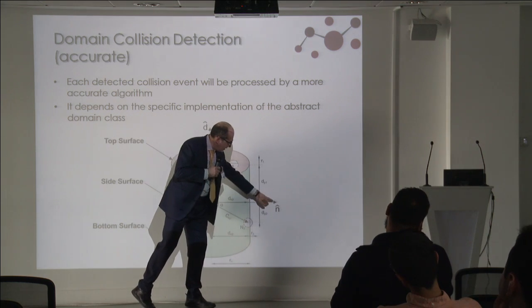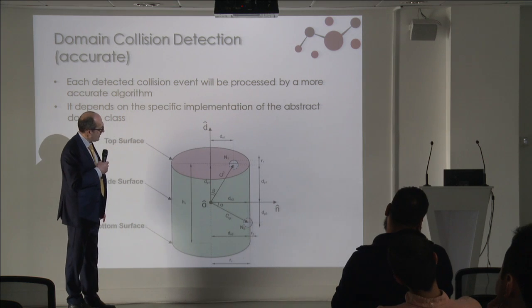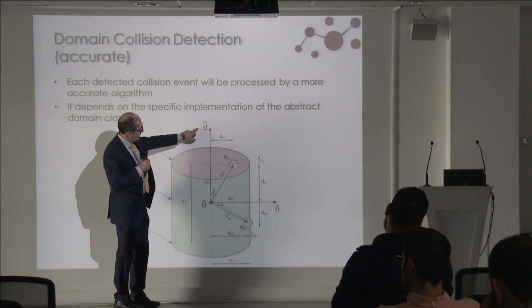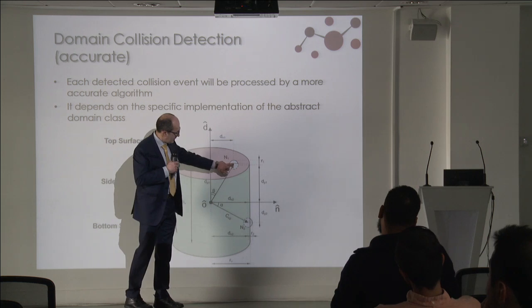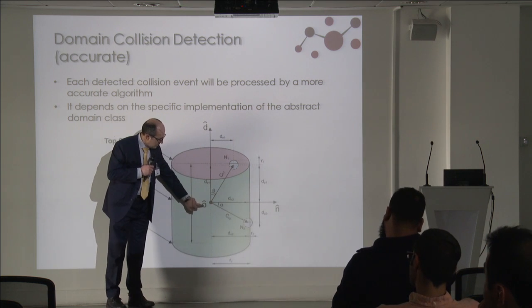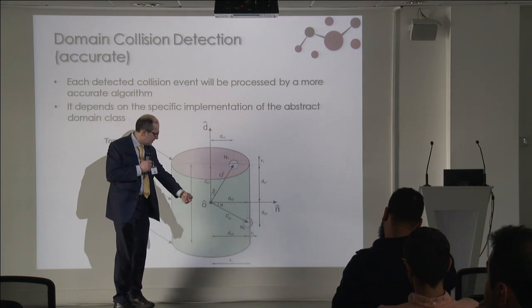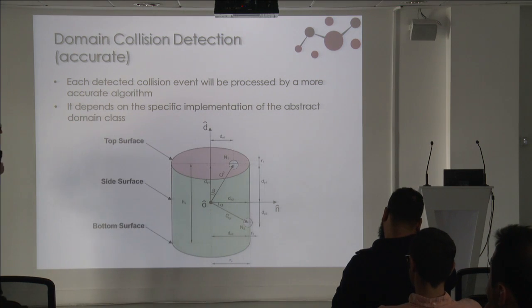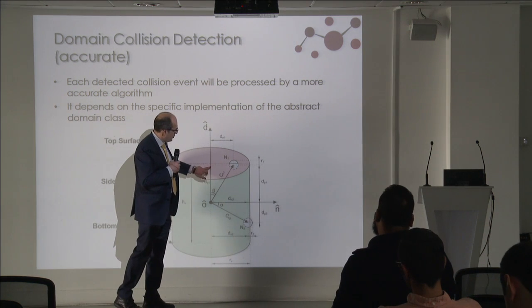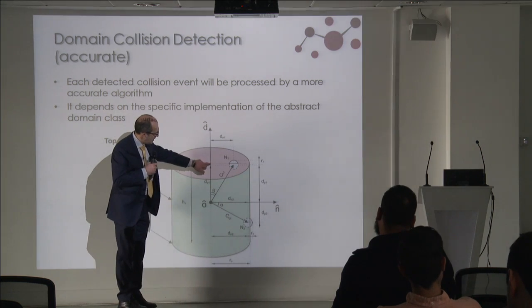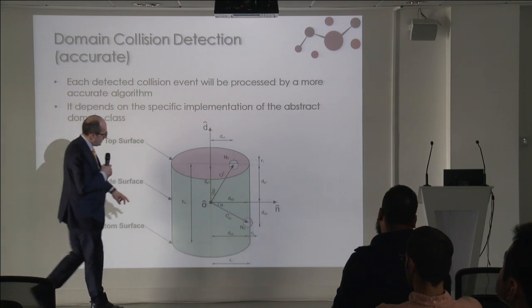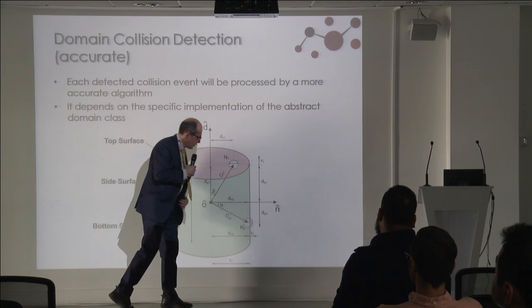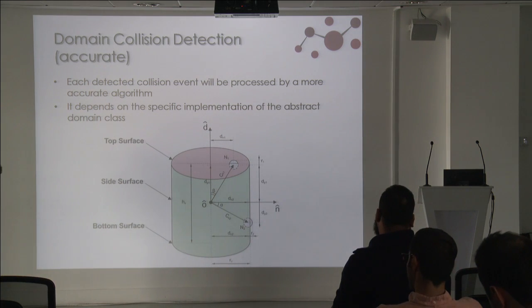The n hat axis is an axis that forms a plane with the d hat axis that includes the particle, and the O hat axis is the orthogonal axis that exits from the slide. And then we use the coordinates of the object just to check if the object collides with the top surface. The same approach is used for evaluating the collision with the side surface, exactly the same approach.